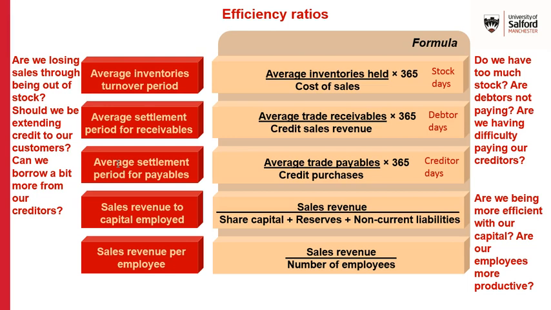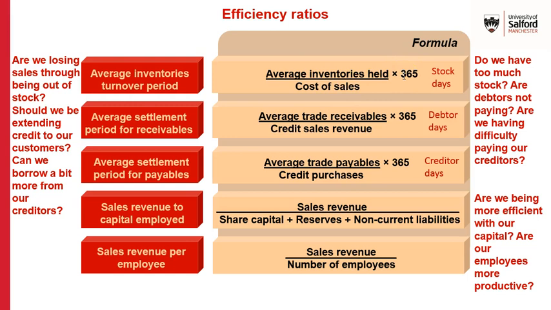And then we have these efficiency ratios. Are we being more efficient with our capital? Are our employees being more productive? And we were just briefly talking about that earlier. How do we calculate it? Well, it's average inventories held over cost of sales times 365.